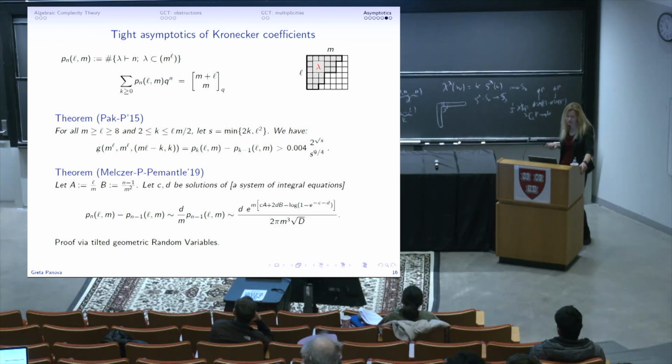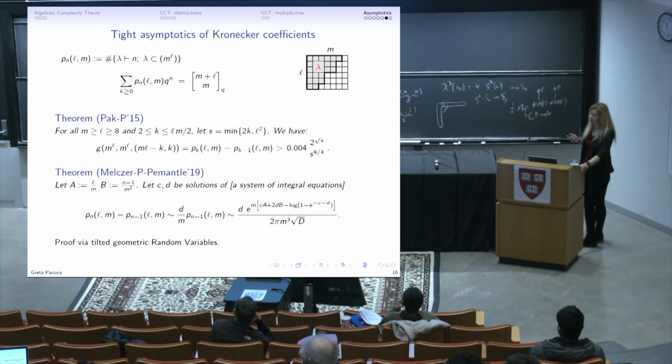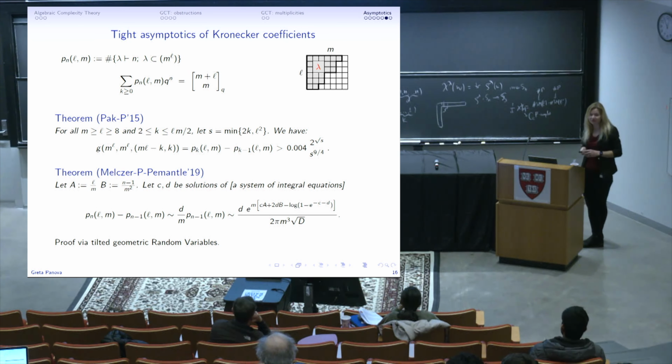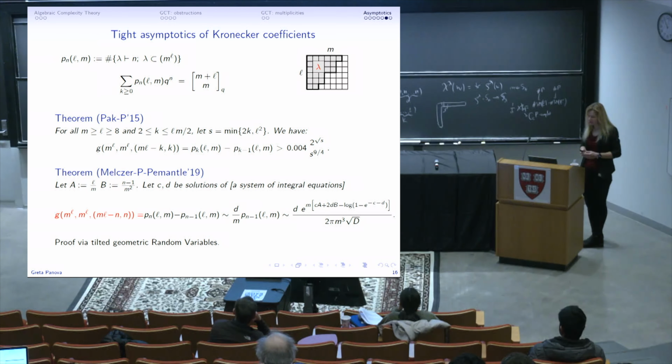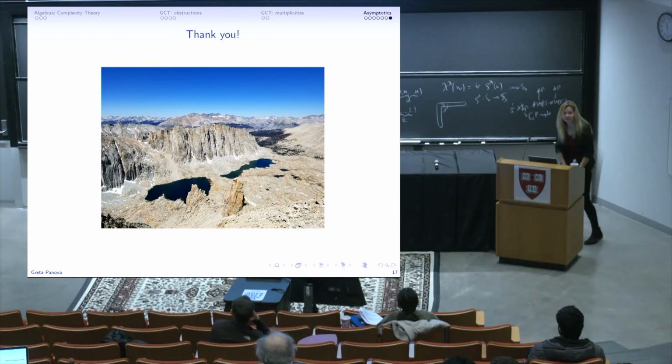But I wouldn't even say this is a combinatorial interpretation, because we don't know that this quantity is positive a priori, just from this. So this is our Kronecker coefficient in this particular case, and we don't really have any other exact asymptotic results for any other families of partitions. So thank you very much.